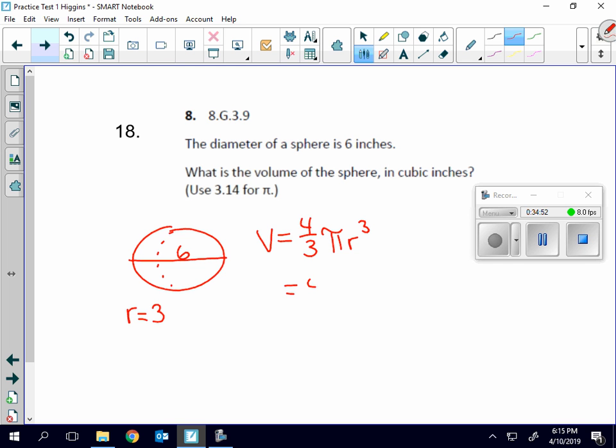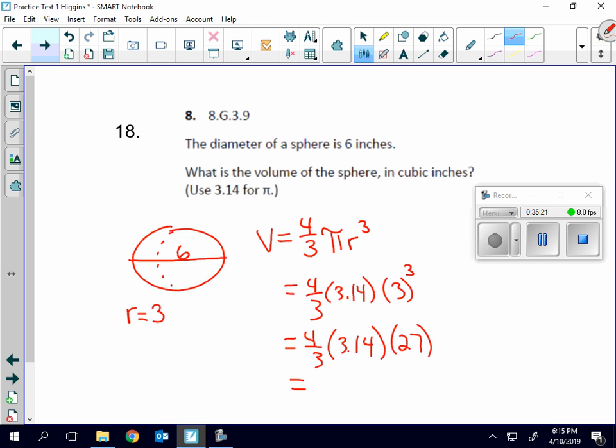So we have 4/3 times 3.14 times 3 to the third power. All right, so I'm going to write this one more time. 3 to the third power is 27, and the rest goes in my calculator. 4 divided by 3, keep going, times 3.14, don't round, times 27 equals.